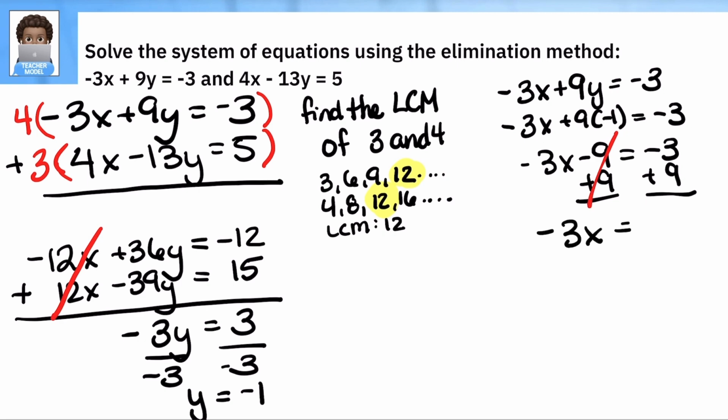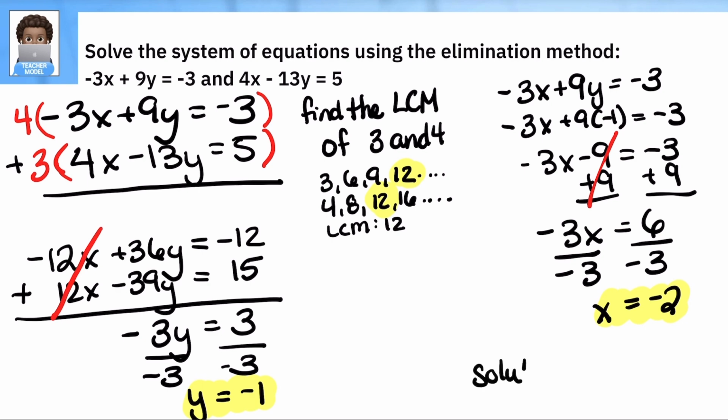Negative 3x is equal to positive 6. And x is equal to negative 2. So here we go. We have both parts for our solution. We have when y equals negative 1 and when x equals negative 2. So let's express our solution as (-2, -1). All right, hit pause and jot this down into your notes.